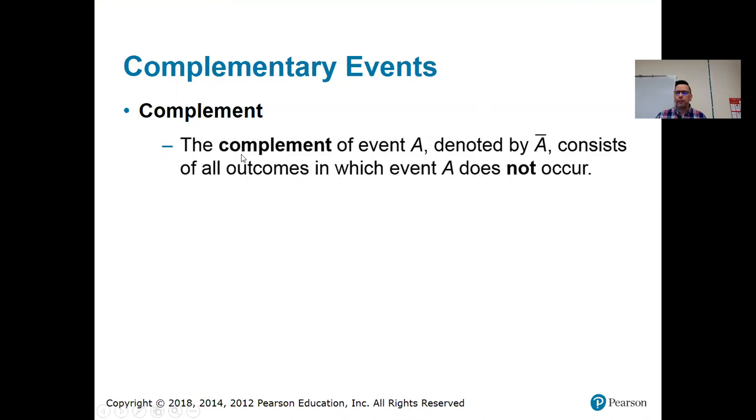So if I was going to summarize complement in one word, it would be the word not A. Okay. And that's helpful because sometimes when we're looking for the probability of a certain event, it's a lot easier to figure out the probability that that event does not happen. Okay. So you're going to see examples of that.